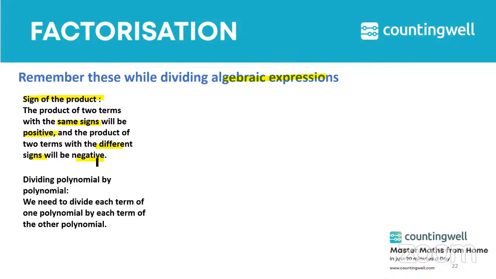But if it is 3ab into minus 3ab, means having two different signs, then it will be minus 9a square b square. Similarly, when you're dividing a polynomial, we need to divide each term of one polynomial by each term of the other polynomial.